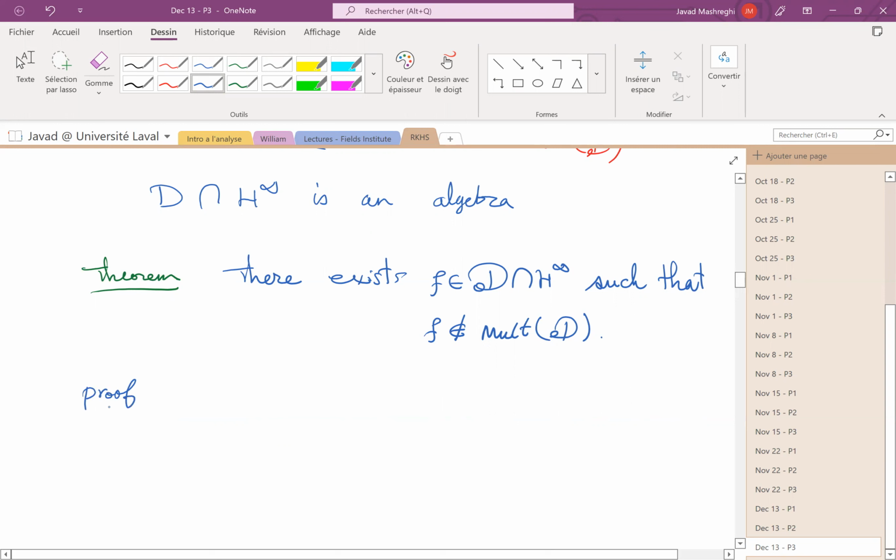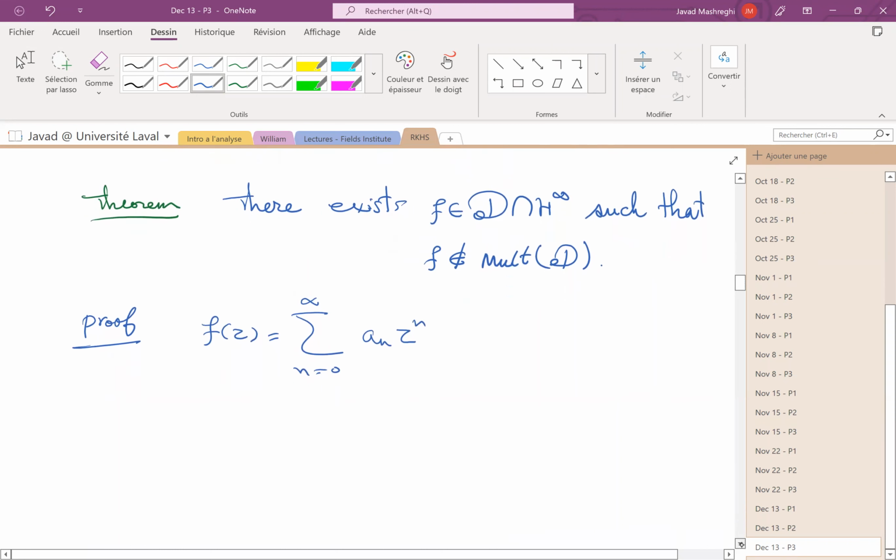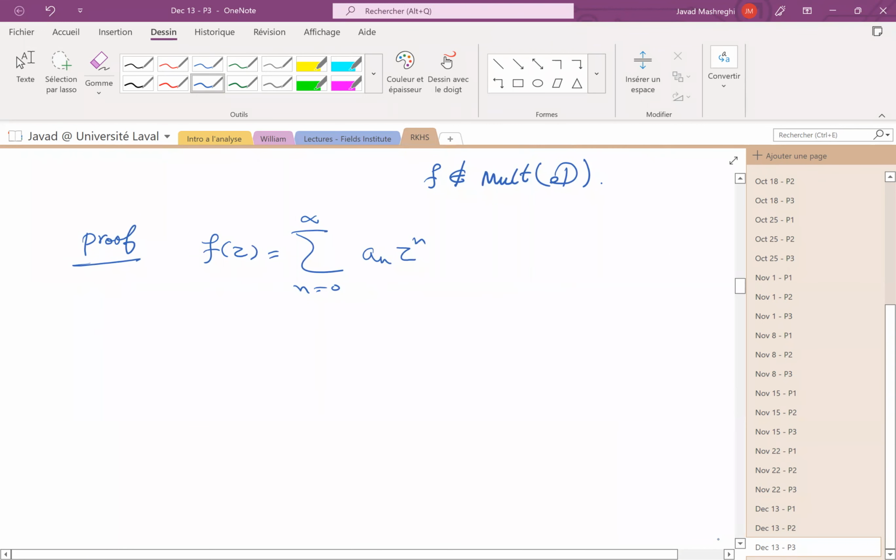Proof. For the definition of F, I do it this way. F of z is defined by a Taylor series, but the coefficients a_n are defined in this way. A highly lacunary series: the lacunary sequence n_k is defined to be 2 to the power 2^k, for k equal to 1, 2, 3, and so on.